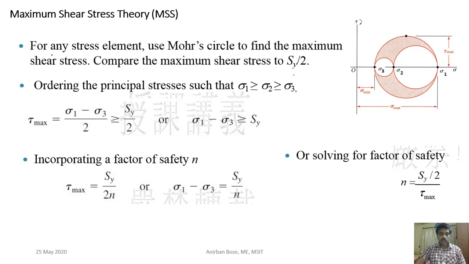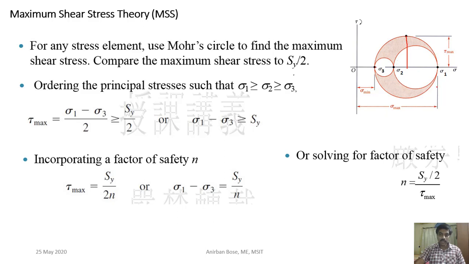Now, if you remember, how can we find the maximum shear stress for a general stress element? Here you see three Mohr circles, where let us consider sigma 1, sigma 2 and sigma 3 as the three principal stresses. We can draw these three Mohr circles. What is the maximum shear stress? This is tau max, and its value is the radius of the big circle.